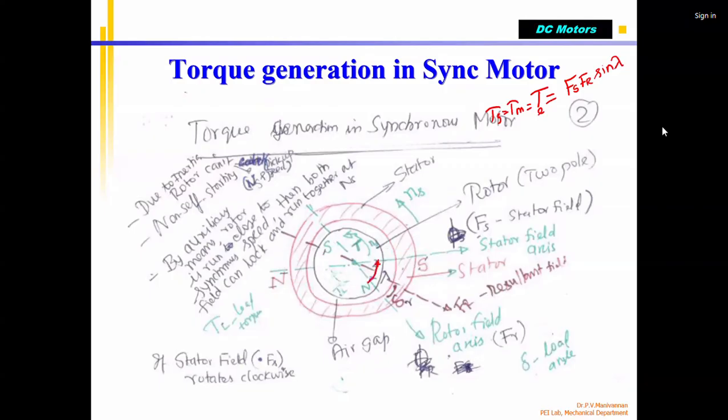Now this field strength Fs and Fr depends upon the core magnetic material, because the stator and rotor are made of laminated magnetic material, and also the air gap. The air gap plays a very important role. Please note that when I talked about mechatronics, I told you about magnetic reluctance, correct? Magnetic reluctance is also represented as R. In resistance also R, that is called DC resistance of any given material.